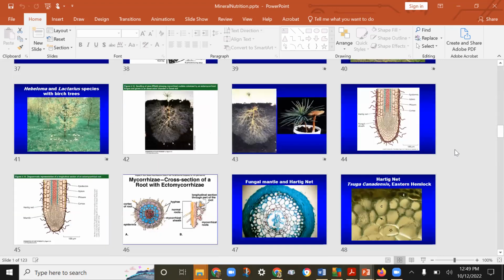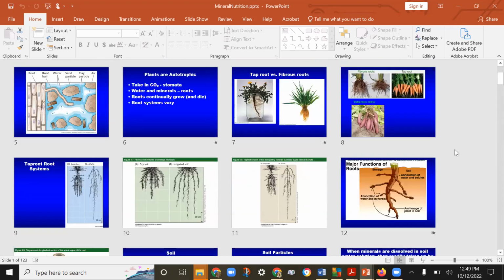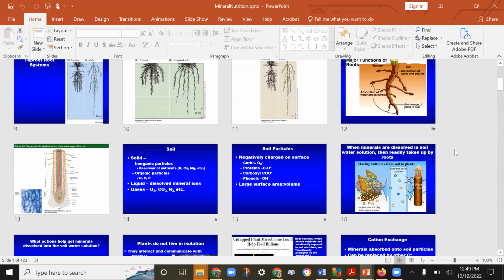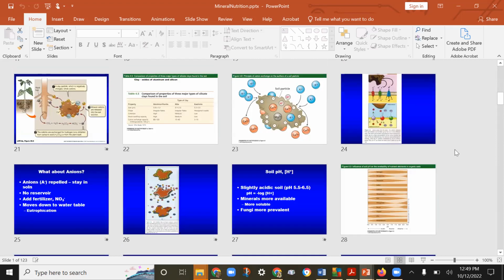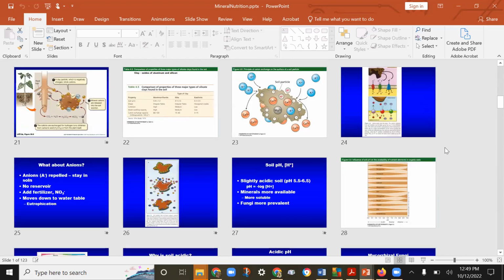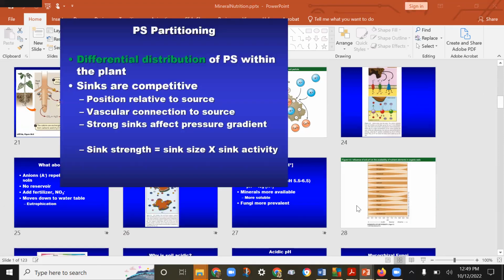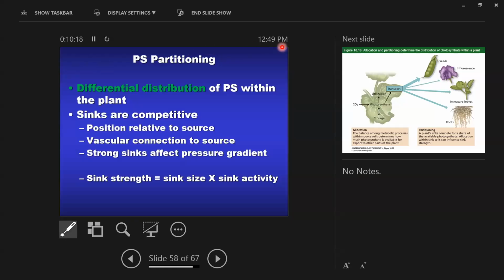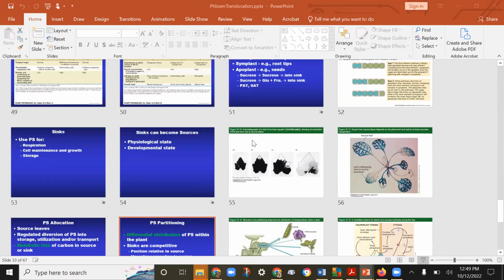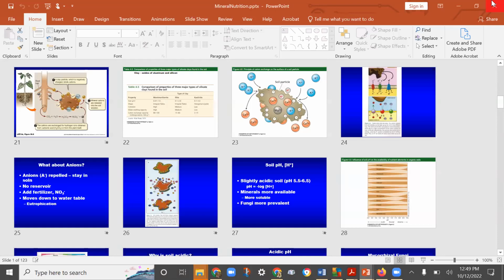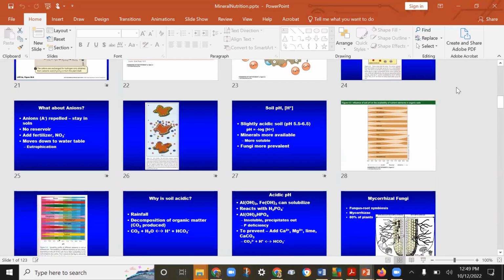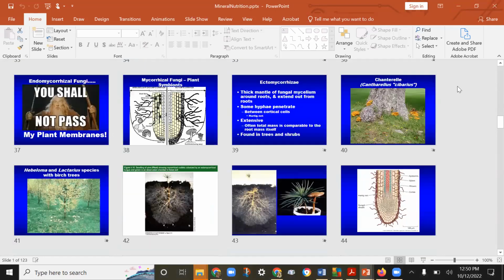And so mineral nutrition covers, of course, the minerals. Remember I told you table 4.2 plus the PowerPoint that I have talking about minerals. Any questions? And then the mycorrhizal fungi.